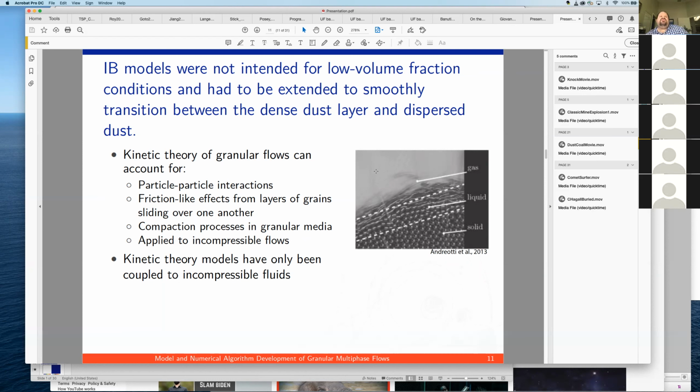So essentially, we started looking into modern kinetic theory of granular particles, and those can account for what are called particle-particle interactions. That's particles colliding. It can account for friction-like effects as particles slide one over another, which you see on this experimental image here of a pure granular flow.